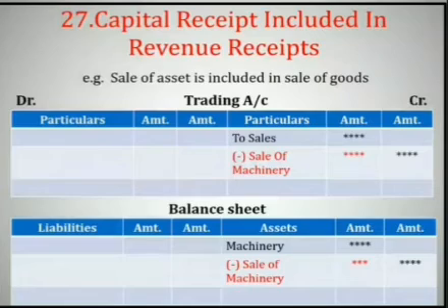Here by mistake we have included it in sales, but it is the sale of machinery only. Now the second effect will go to, as we have sold that machinery, that is why we have to deduct from the particular asset, that is the machinery. So our machinery will get decreased.